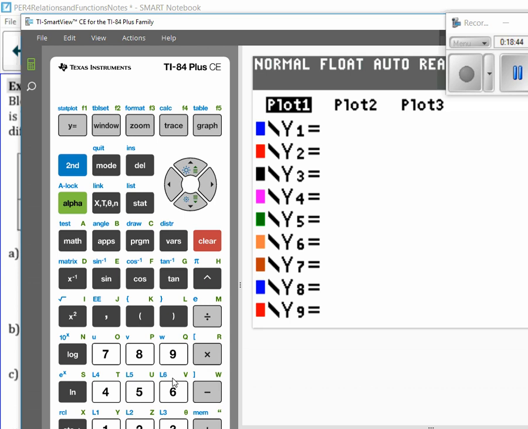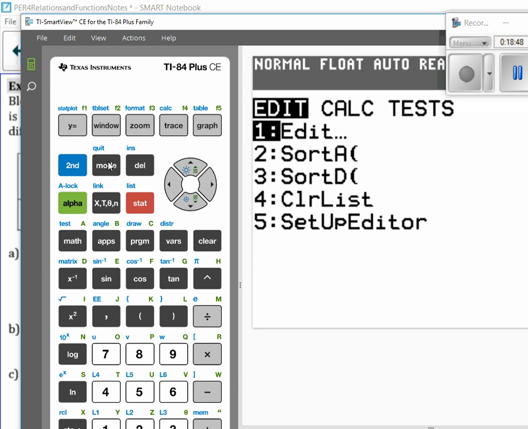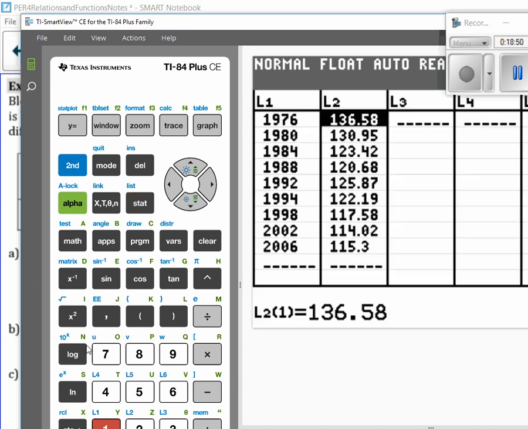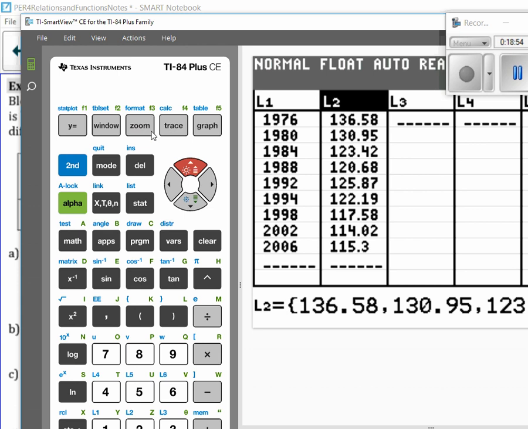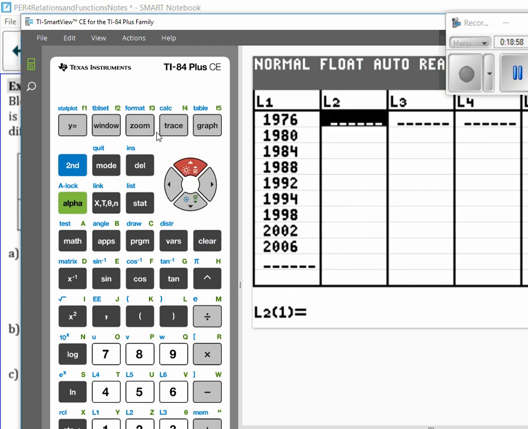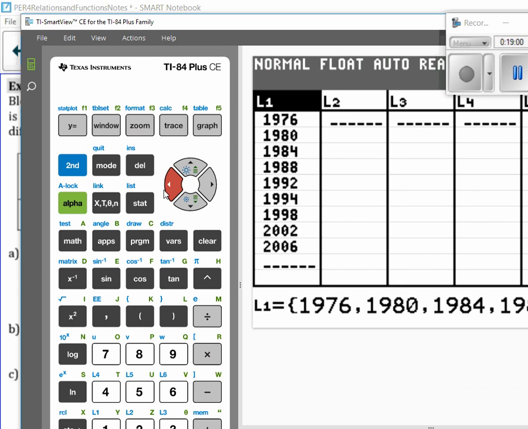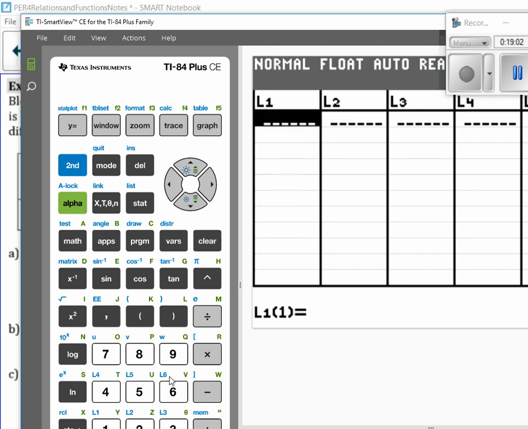Okay? Now we're going to go to stat, edit. Do you remember how to clear our lists? You go up to L2, go clear, enter. You go up to L1, go clear, enter. Do not press delete because you will delete the L1 completely. You go clear, enter.